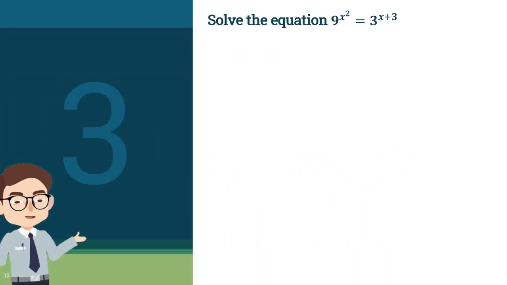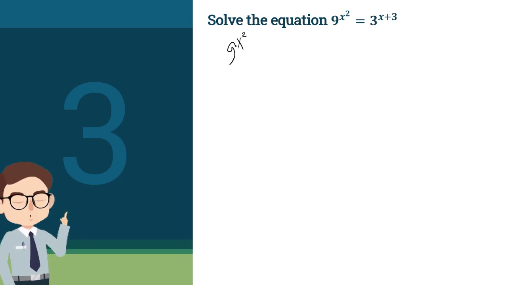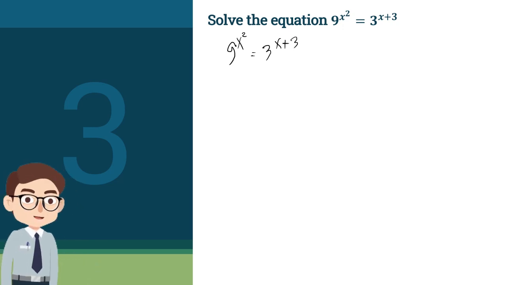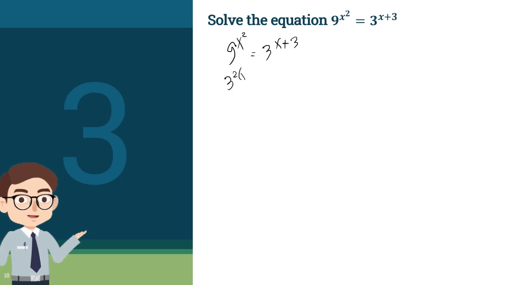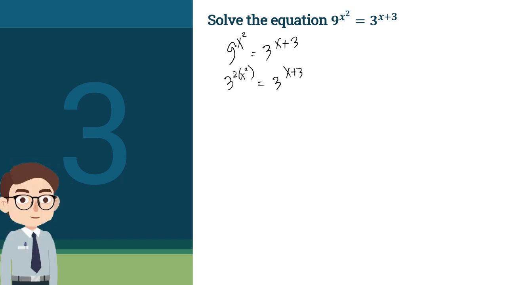Okay, so let's solve our third equation, that is 9 raised to x squared is equal to 3 raised to x plus 3. Let's make 9 equal to the second base, that is 3 squared raised to x squared is equal to 3 raised to x plus 3.